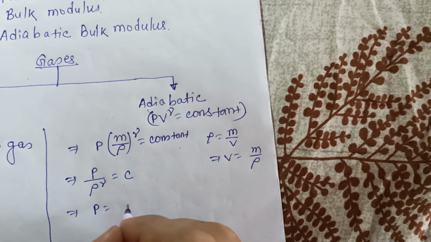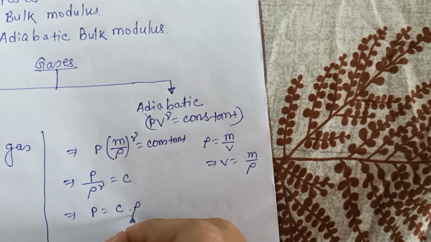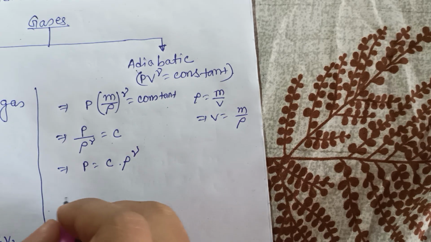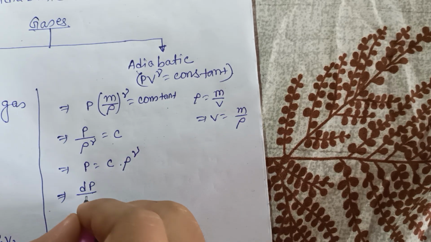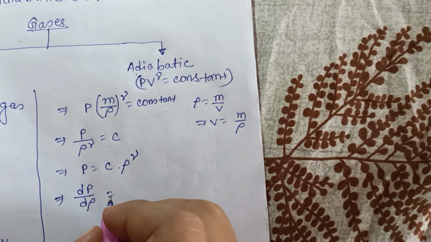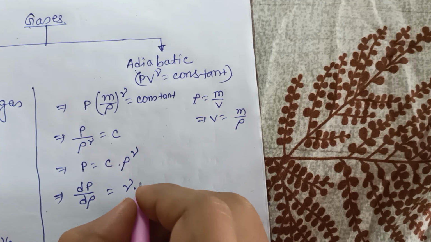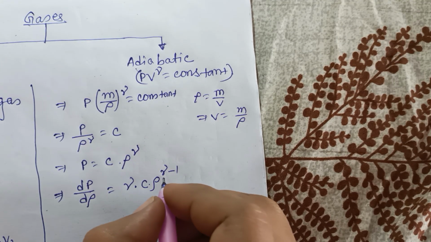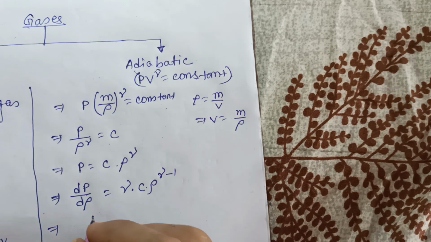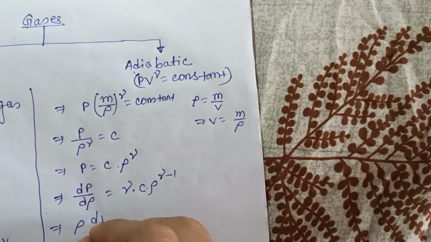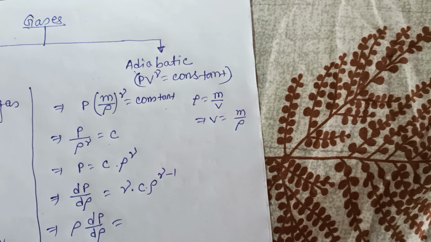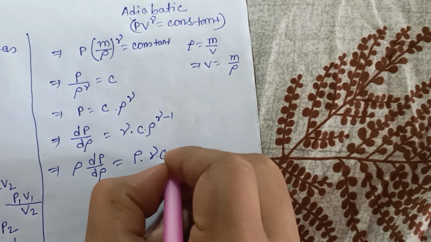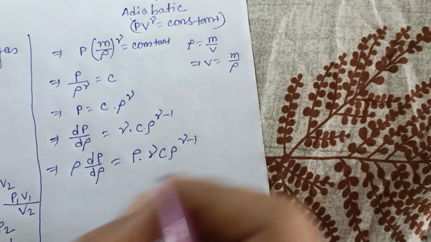So P equal to C into rho to the power gamma. Now from here, dP by d rho is equal to gamma C rho to the power gamma minus 1. Multiply rho on both sides: rho into dP by d rho is equal to gamma C rho to the power gamma.